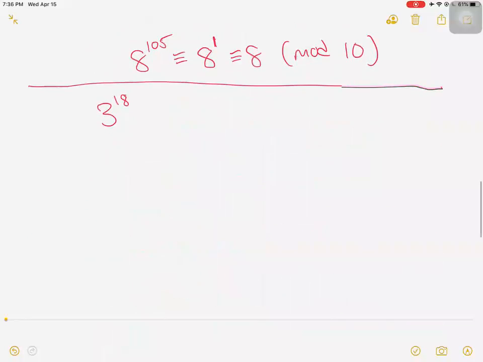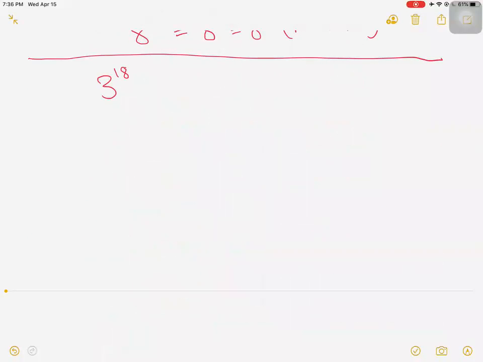Can you guys try finding the last digit of this? Okay, I'll wait like 15 more seconds.